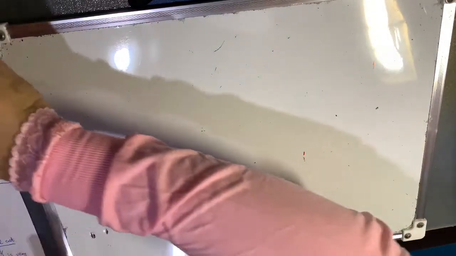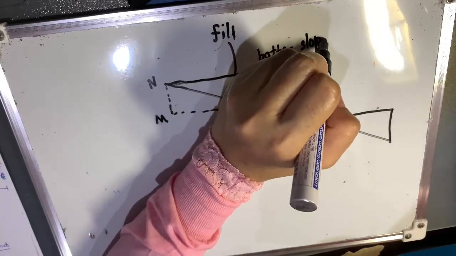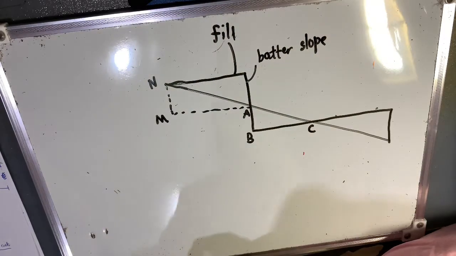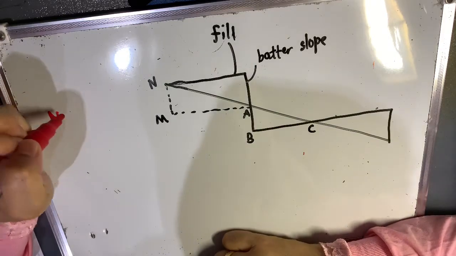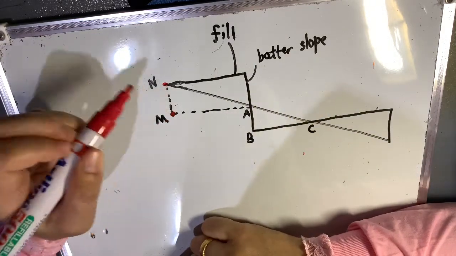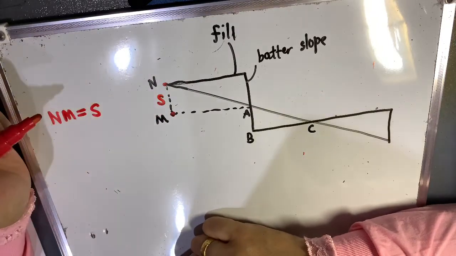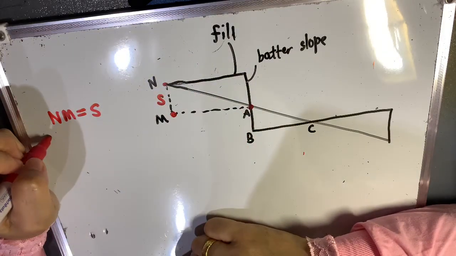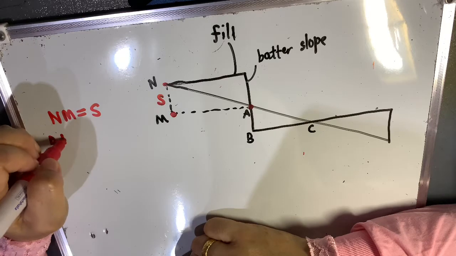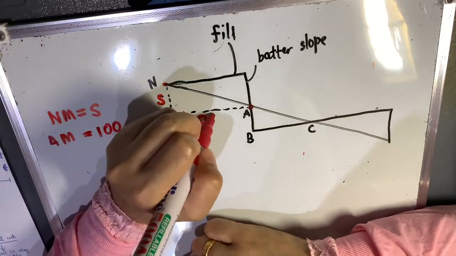Let's have it again. Between N and M, this length, we call it S. And between point A to M, put it as 100.